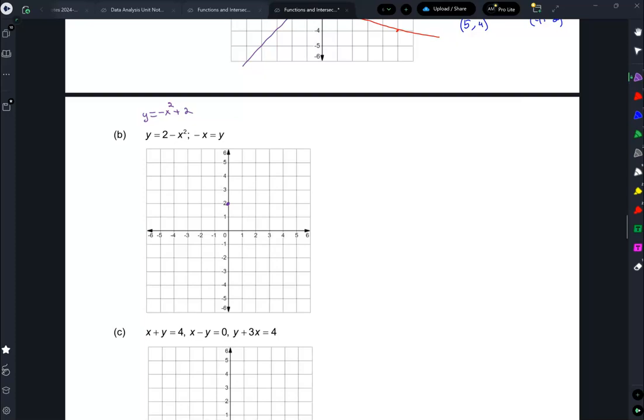And yeah. So y equals negative x, right? So let's see. 2 minus x squared is equal to negative x. So let's solve this. x minus 2. Does it factor?